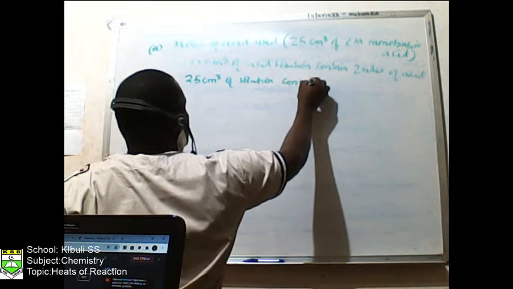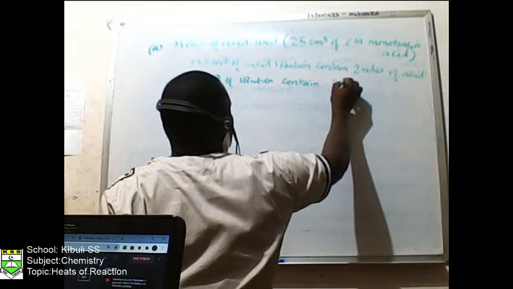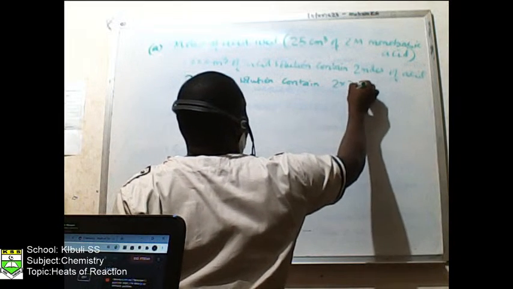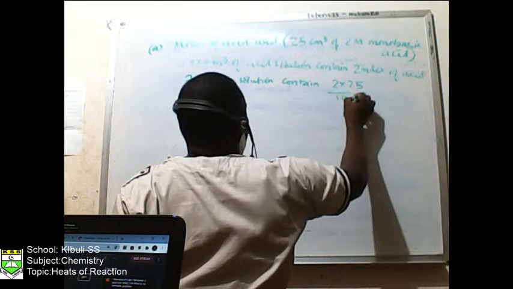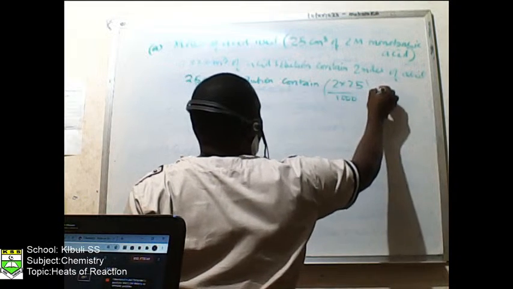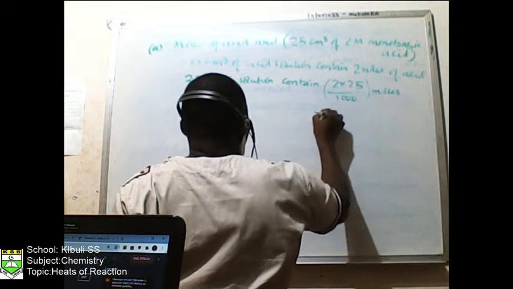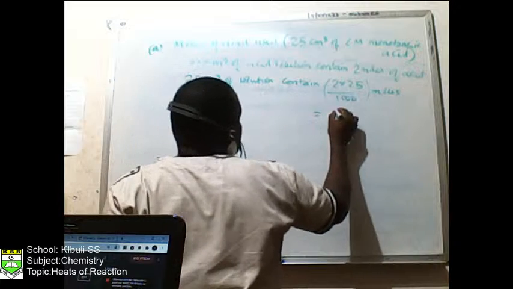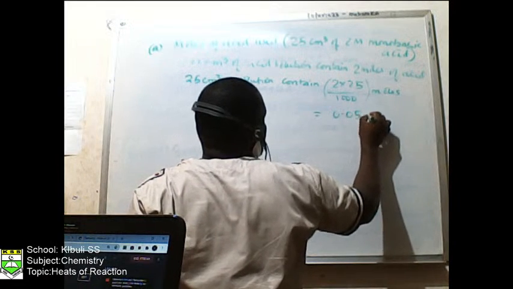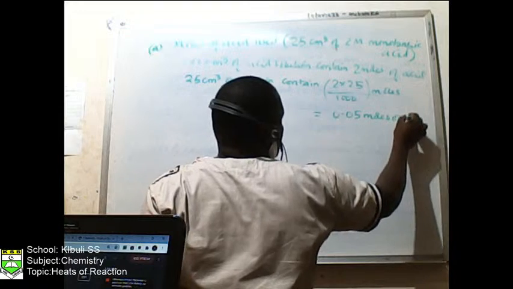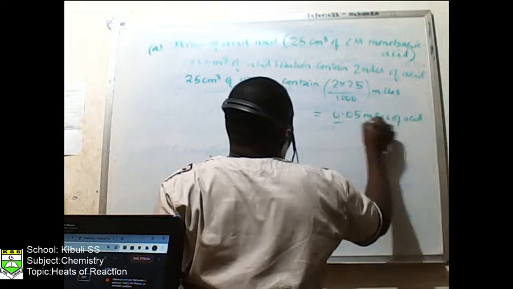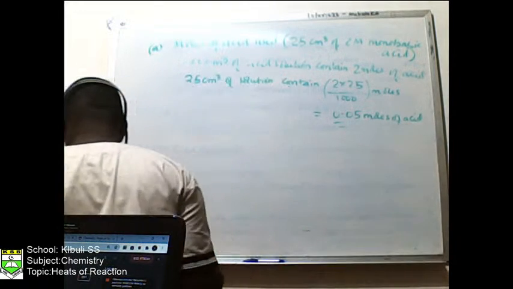These ones contain, here I simply cross multiply 2 times 25 out of 1,000. This gives us 0.05 moles of acid. So that is our part A.